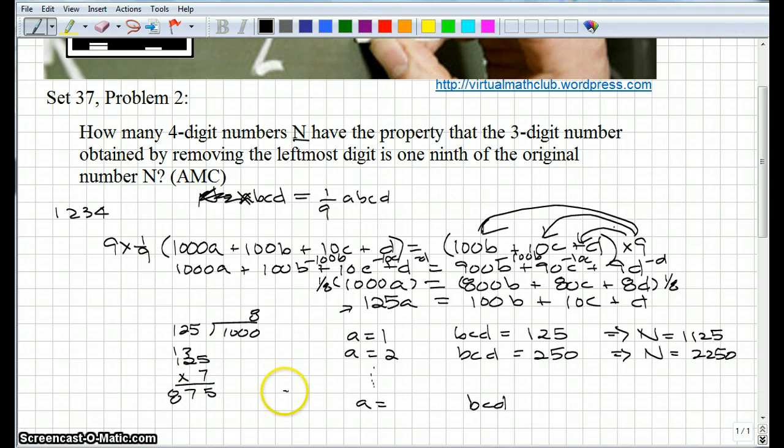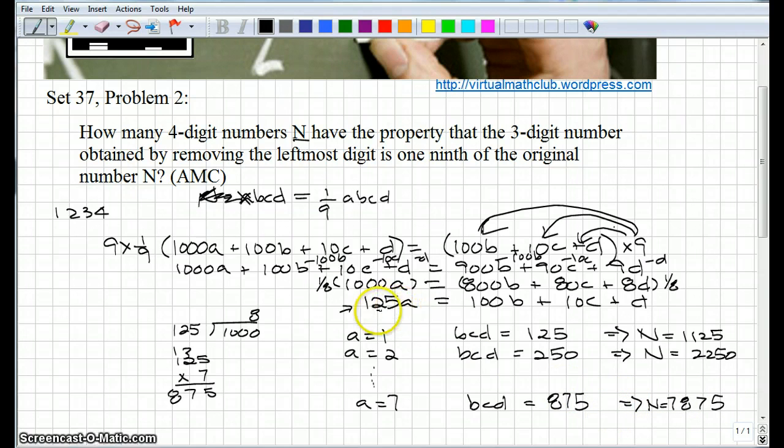That makes sense, because if we add another 125 to it, that should give us 1,000. So if A is 7, then BCD would be equal to 875, and our n would be 7875.